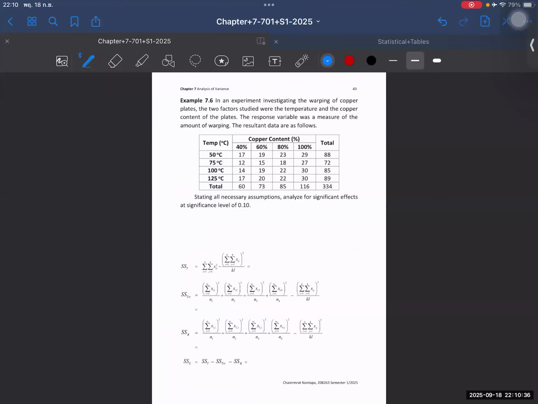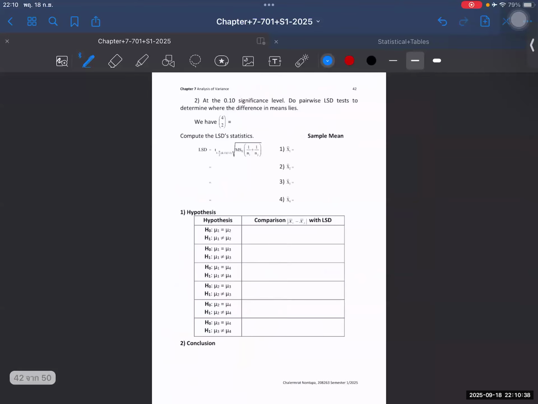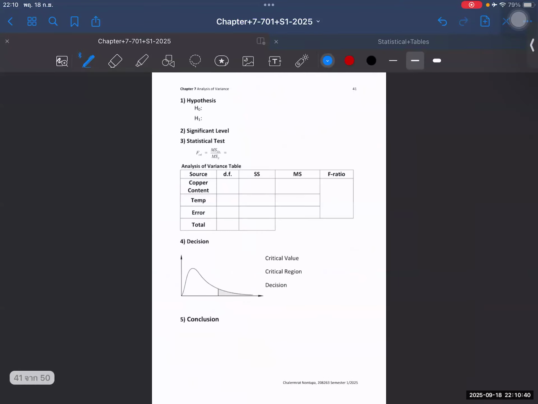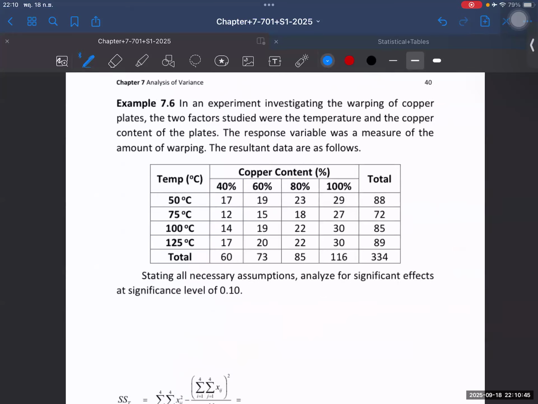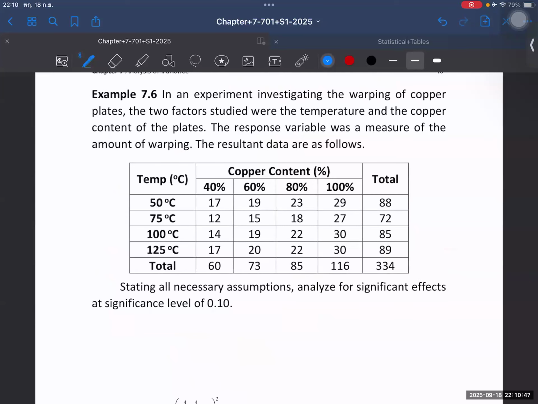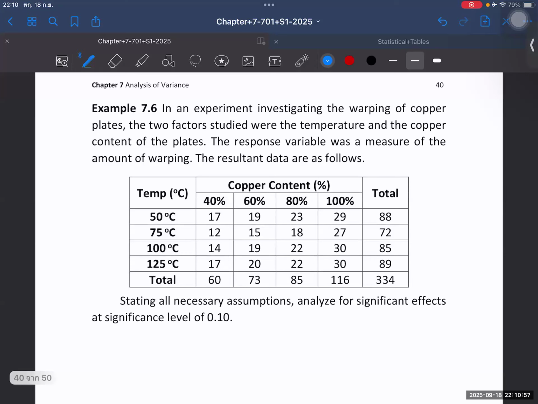Okay, maybe for the last one, for this example. Okay, go. So in the experiments investigating the warping of the copper plate, the two factors were temperature and the copper content of the plate.